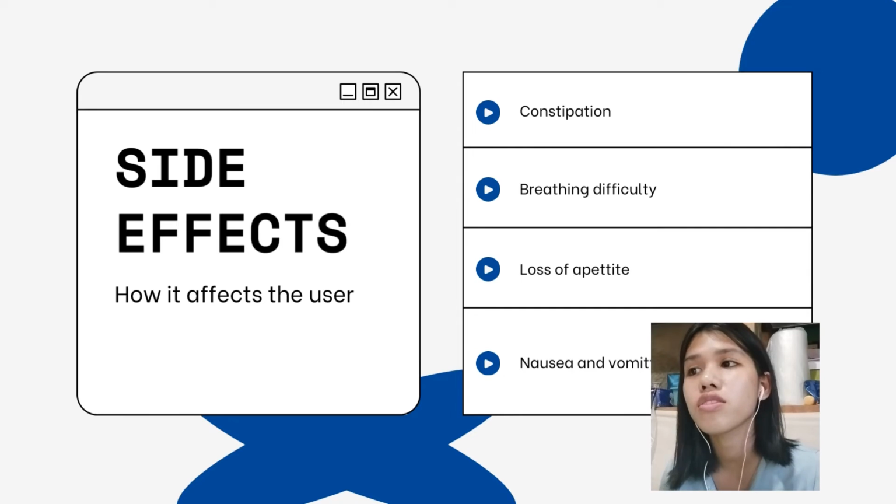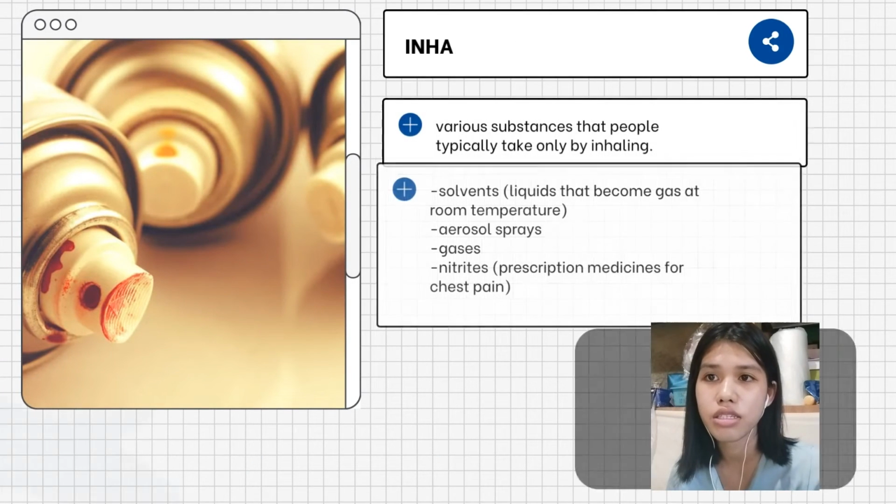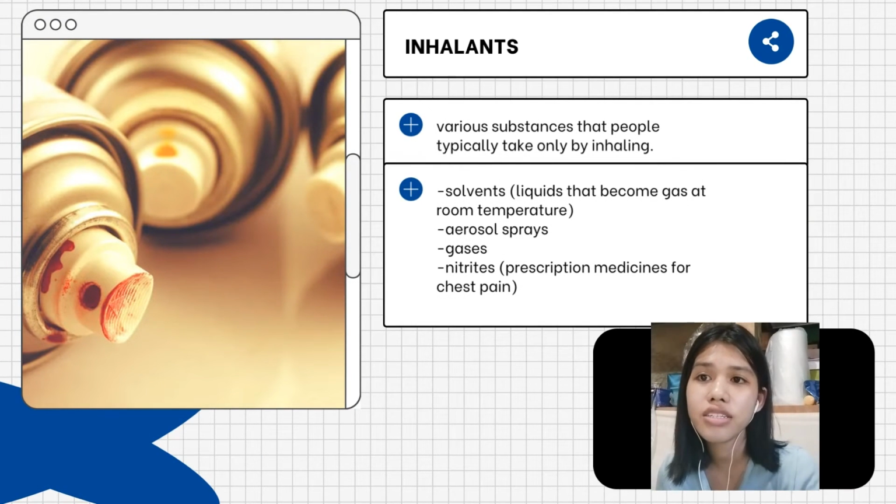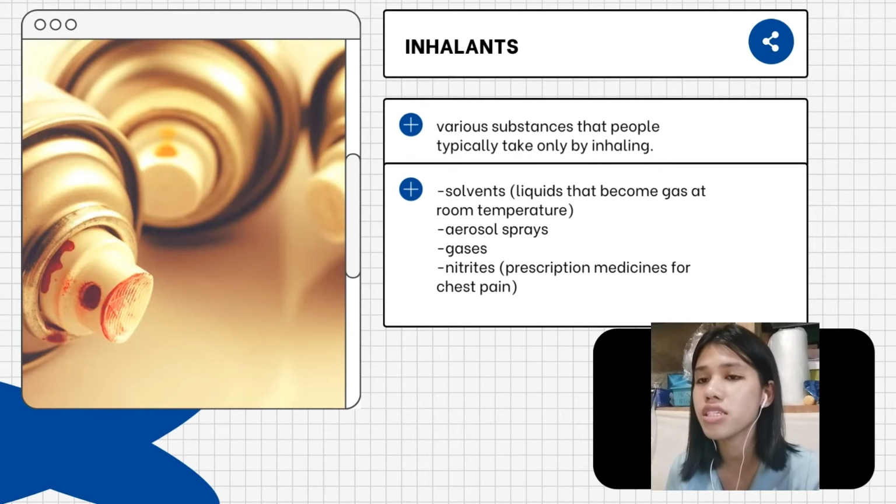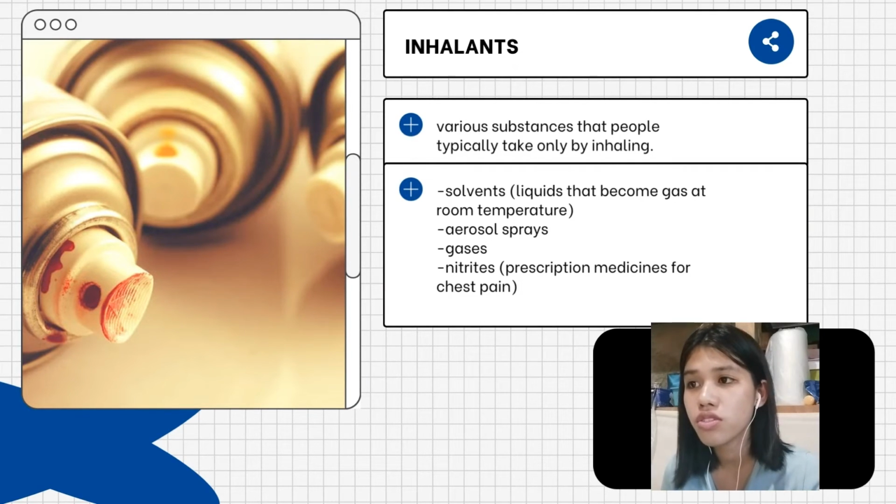The fifth drug category is the inhalants. Inhalants is a term that refers to the various substances that people take only by inhaling them. These include solvents, aerosols, gases, and nitrates.